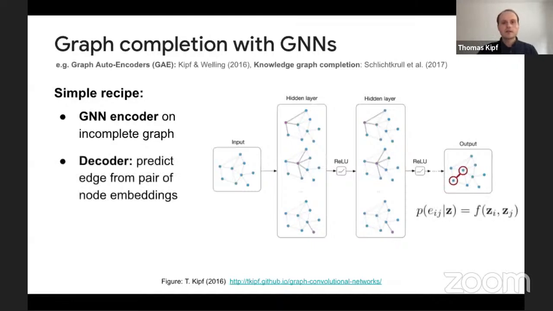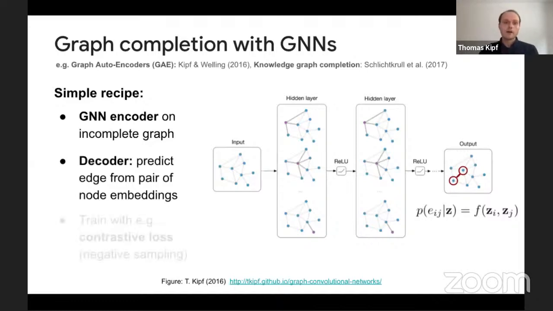And so here, the simple recipe that you've probably seen quite often is you just encode your graph by running message passing operations. And then the idea is simply to query those representations at the end with a decoder that just takes into account two node representations that you would like to ask, are these connected or not?